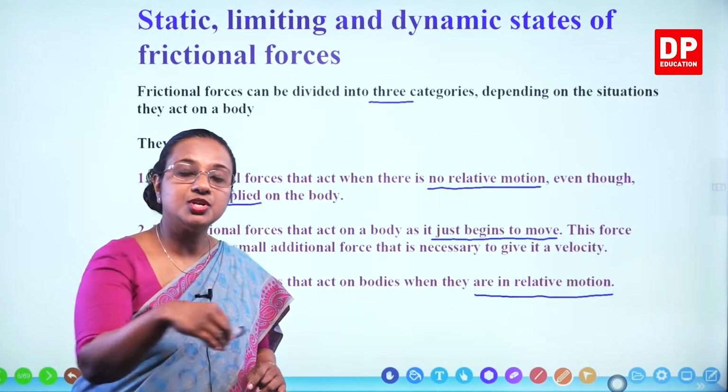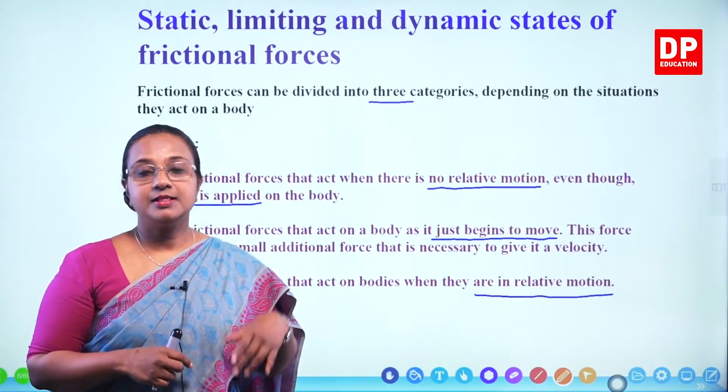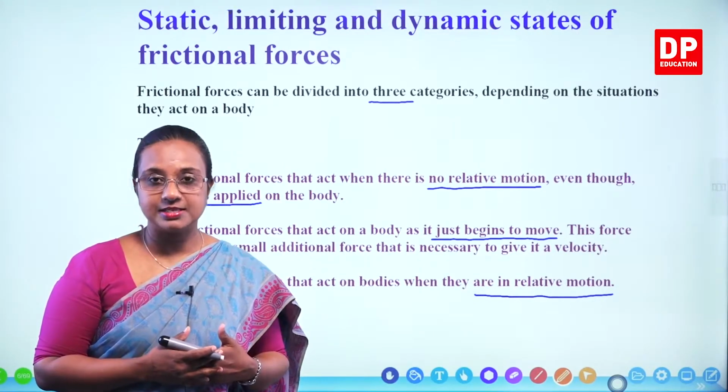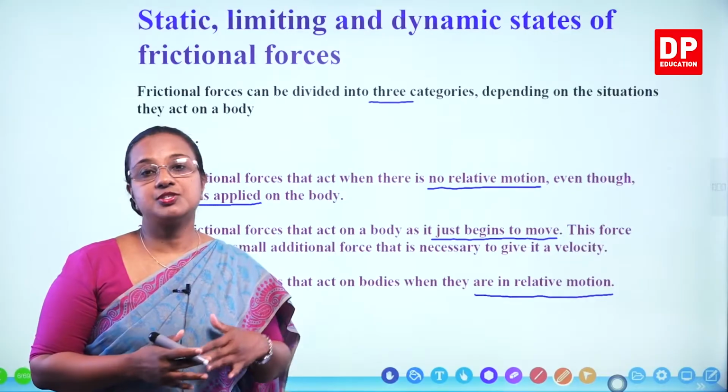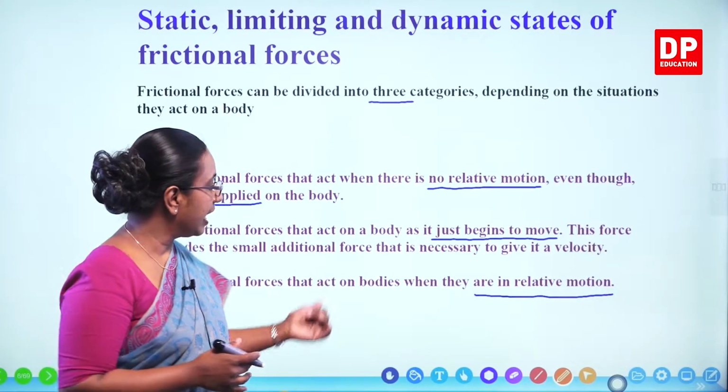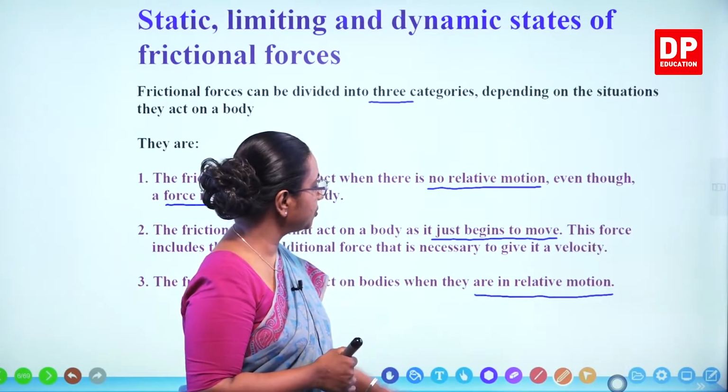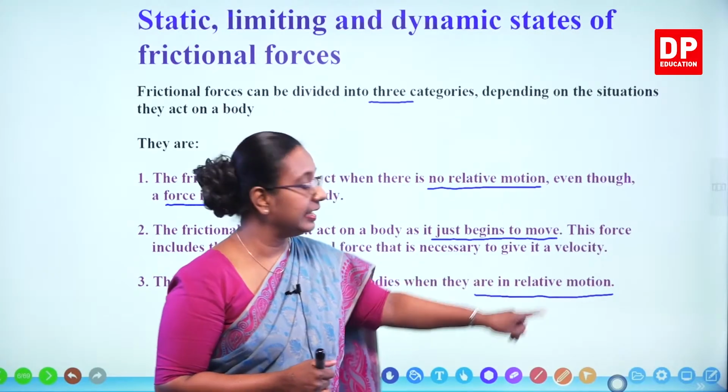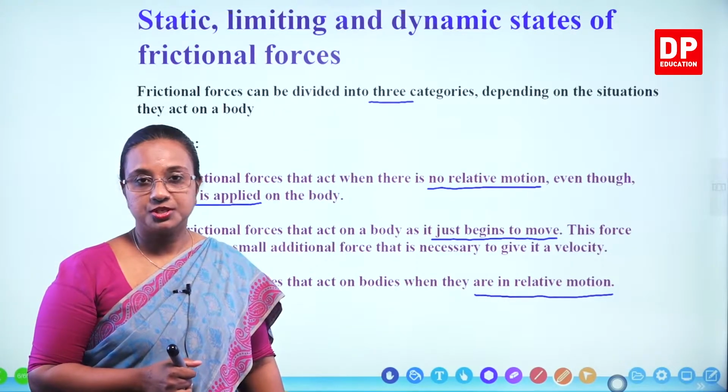When a pen was rolling on a table, there was friction being exerted by the surface of the table. So, that is the frictional force exerted when they are in relative motion.